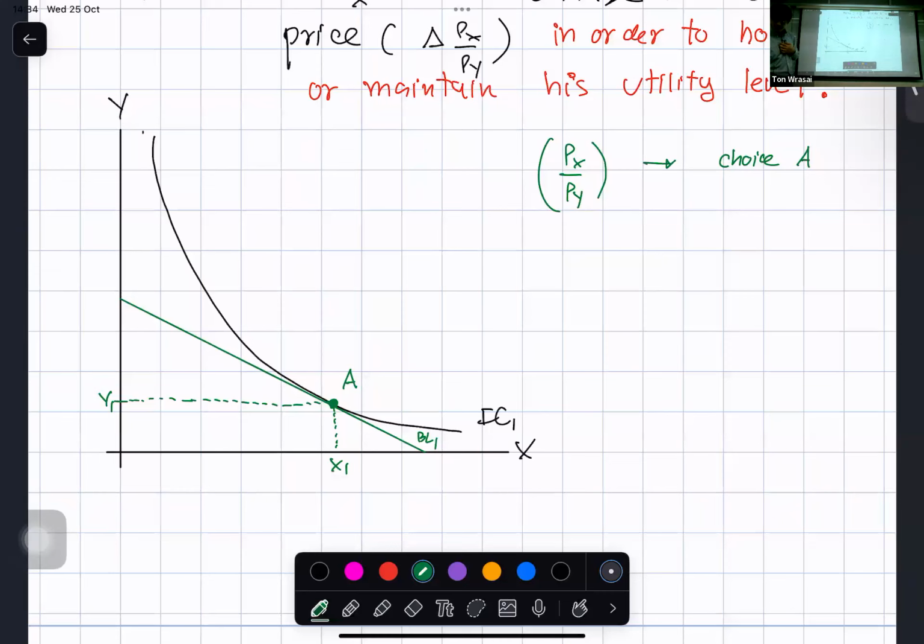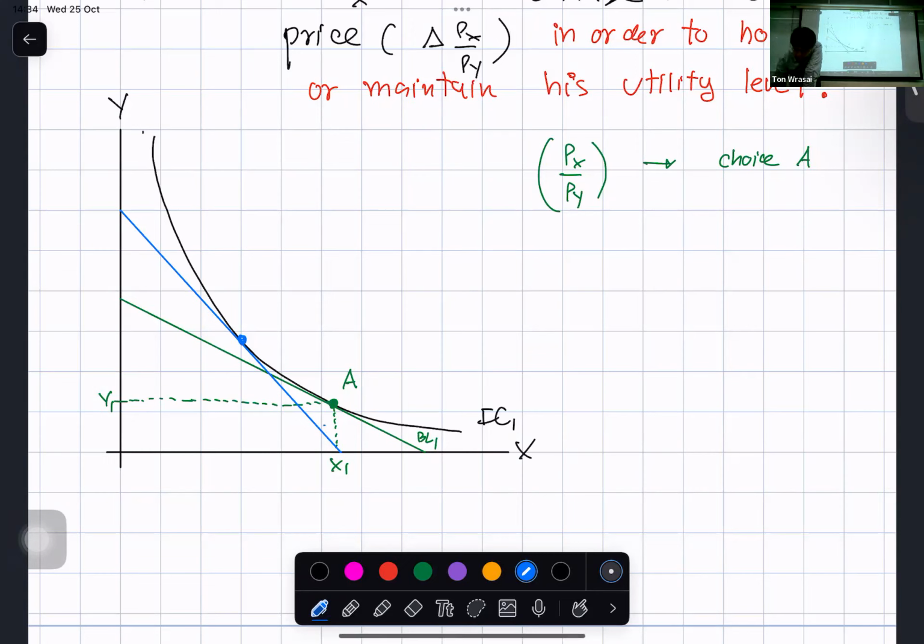Now it's green. I'm going to twist it to become steeper. Let's use another color. We twist it to become the blue one.